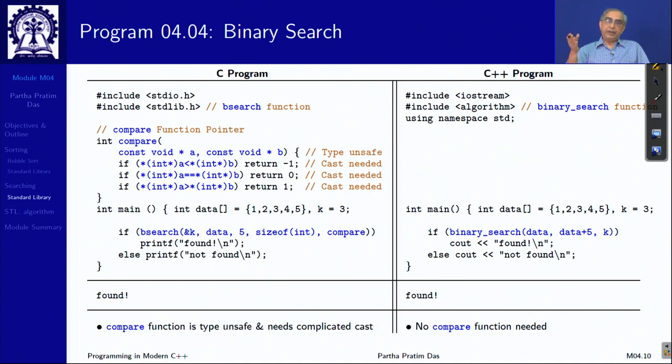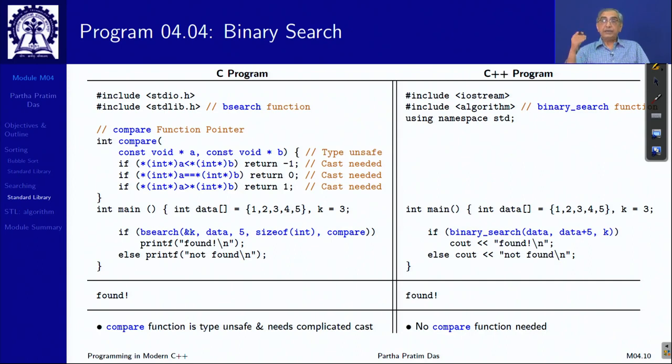You need to provide the value that you want to search for, which is k. Again, since it knows the type, you do not need to pass a pointer, because it is internally doing that template magic. So, given int, it will create a binary search for you for integer values. If it is of your user defined type, it will do that accordingly.